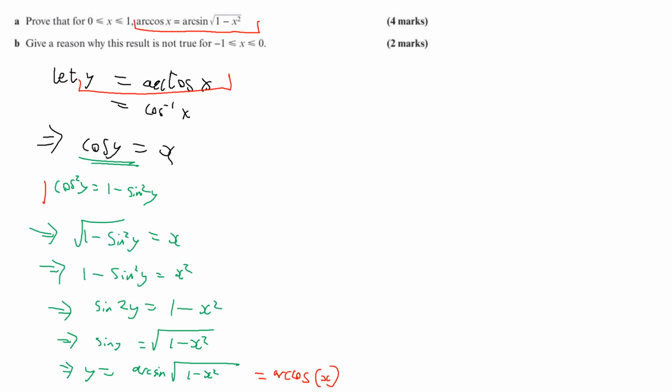Now, why is this not the case when x is between minus 1 and 0? If you remember correctly though, let's draw the graphs. Between minus 1 and 0, right?